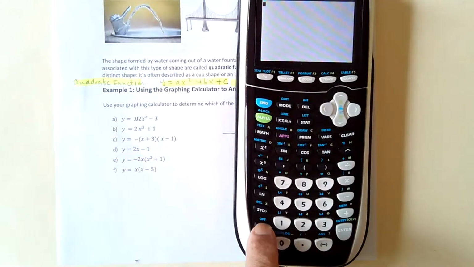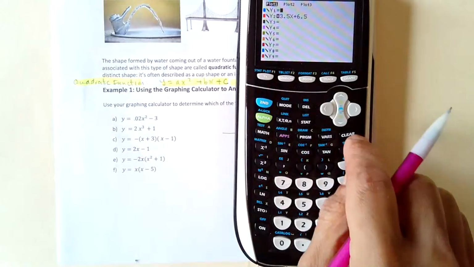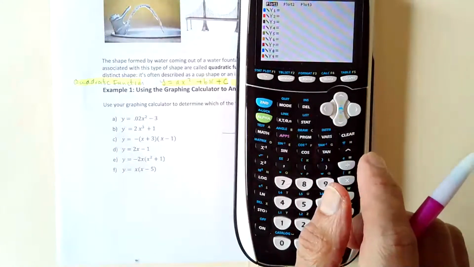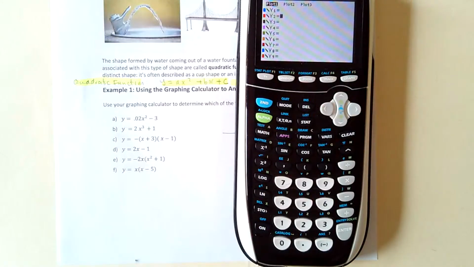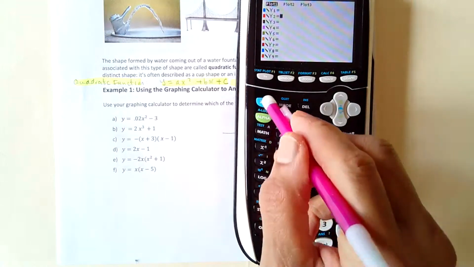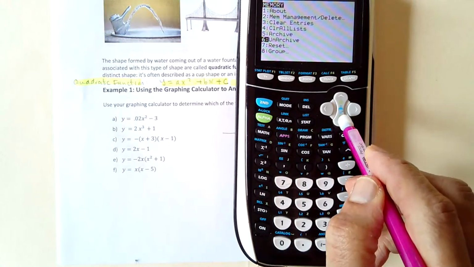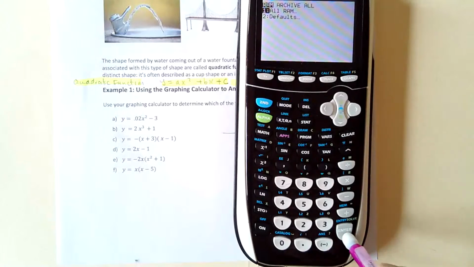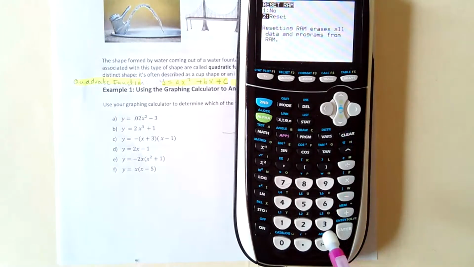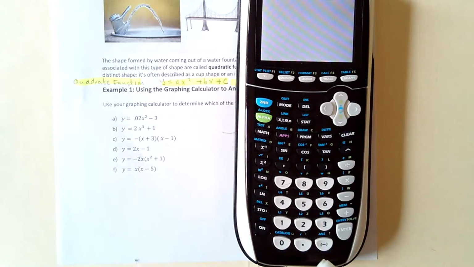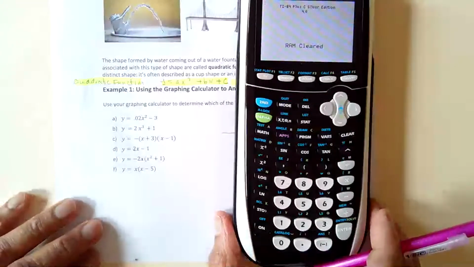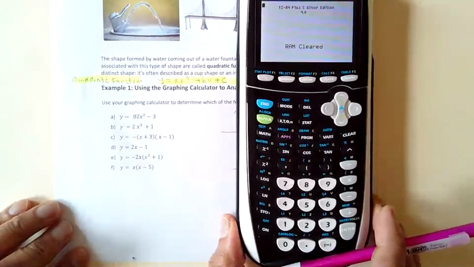So I'll go to my y equal button first, and generally I want to clear. By the way, you should know by now to reset. I'm going to reset my calculator. So memory, I'm going to go down to 7, and I'm going to reset it all. So I clear all other previous data I put into the calculator.